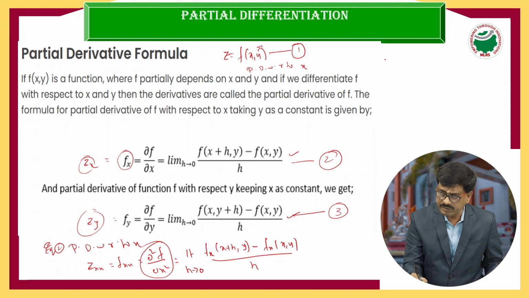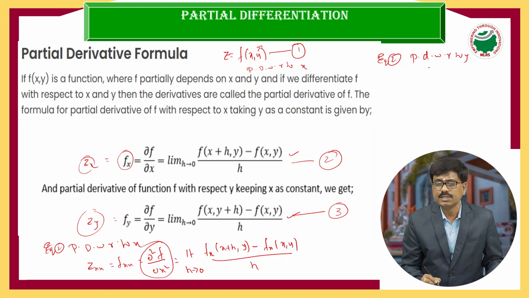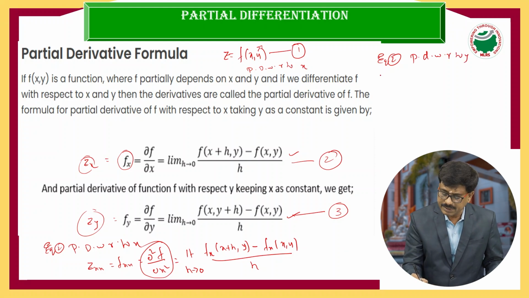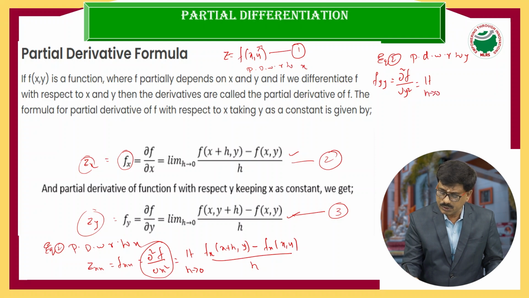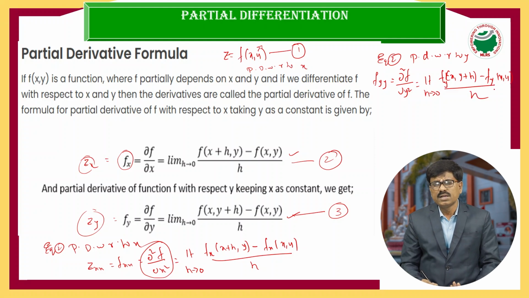If I take the partial derivative of equation 3 with respect to y, it becomes fyy, which I can rewrite as dou square f by dou y square, the limit as h tends to 0 of f of x comma y plus h minus fy of x comma y, divided by h. This is called the second order partial derivative with respect to y.